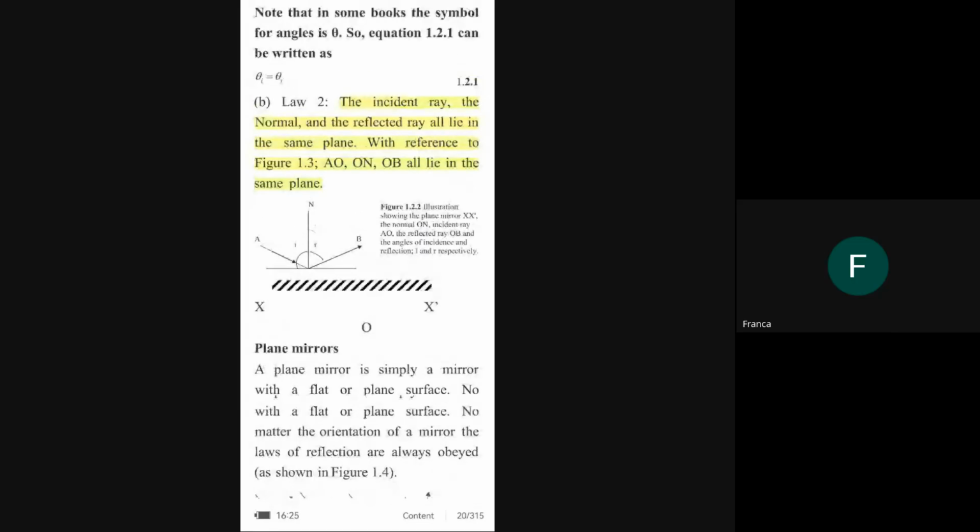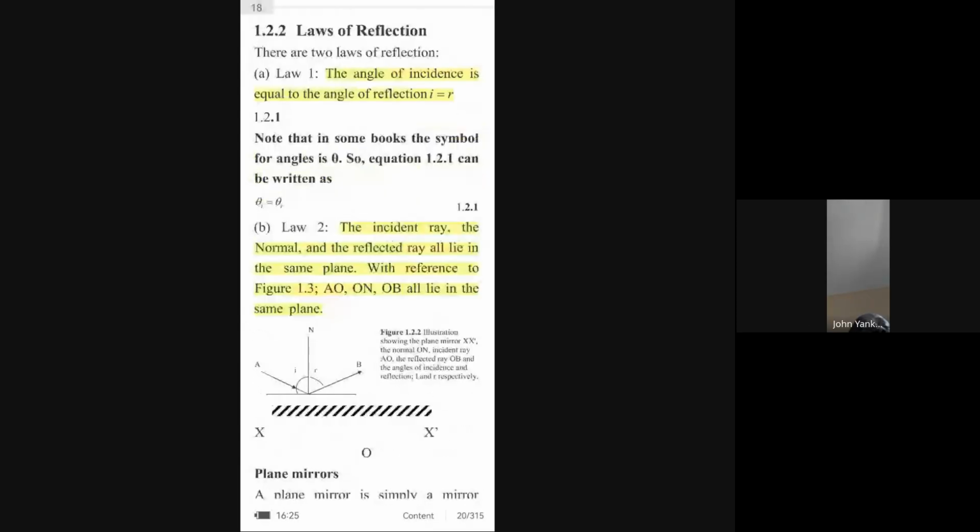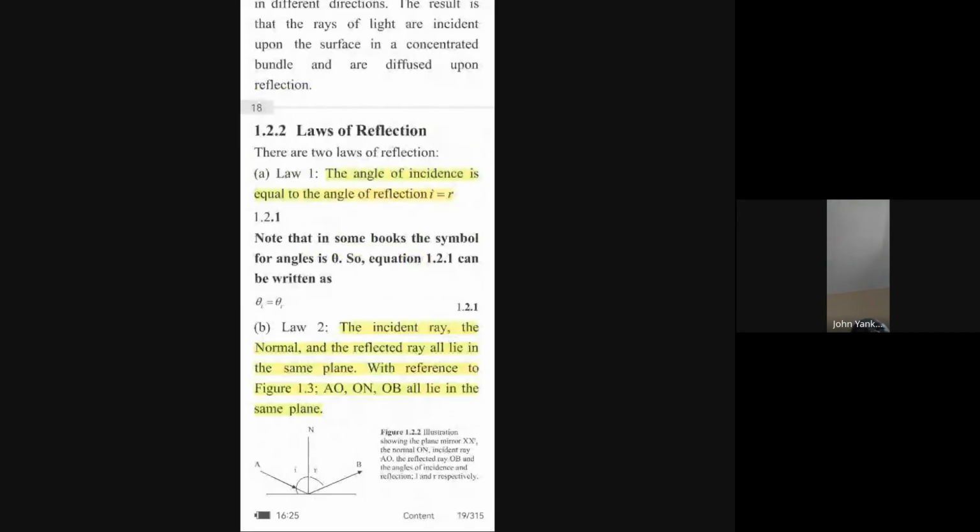Thank you. Okay, so I'm going to state the laws of reflection again. Anytime reflection occurs at a surface, one, the angle of incidence is always equal to the angle of reflection. And two, the incident ray, the normal, and the reflected ray at the point of incidence all lie in the same plane.